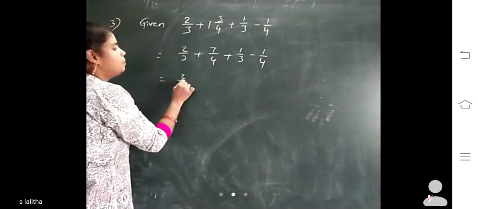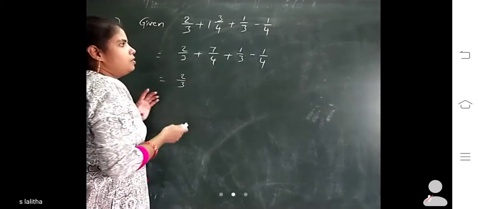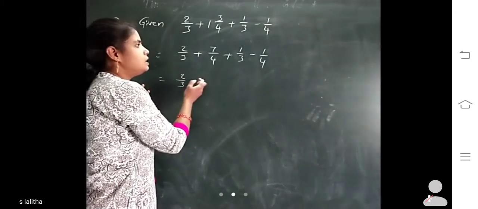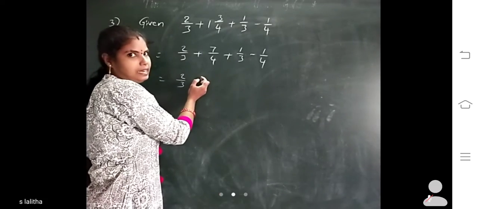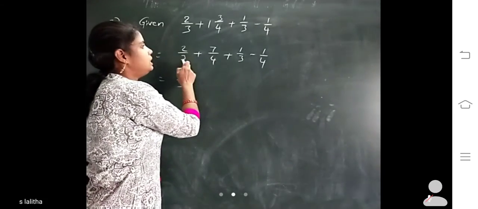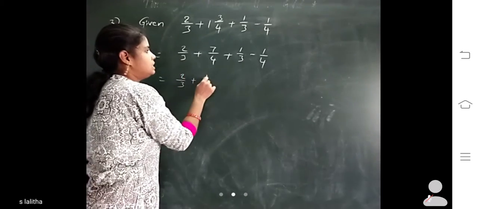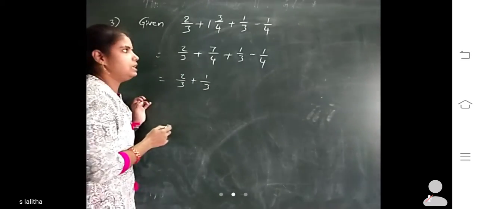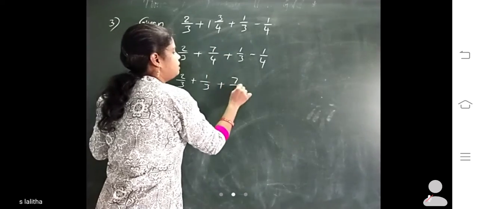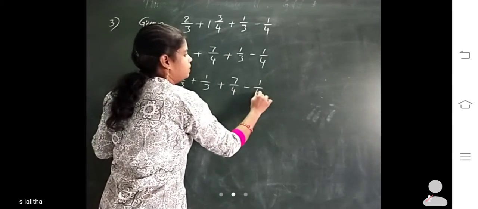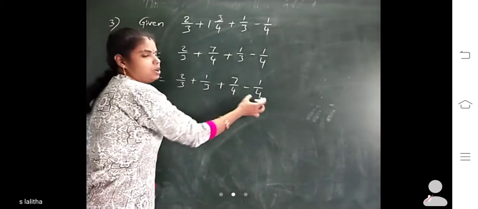Now, please keep the like terms together first. 2 by 3 here, 1 by 3. Denominators are both the same, so you keep them on one side: 2 by 3 plus 1 by 3. Next 7 by 4 minus 1 by 4. These two are like fractions, and these two are like fractions.